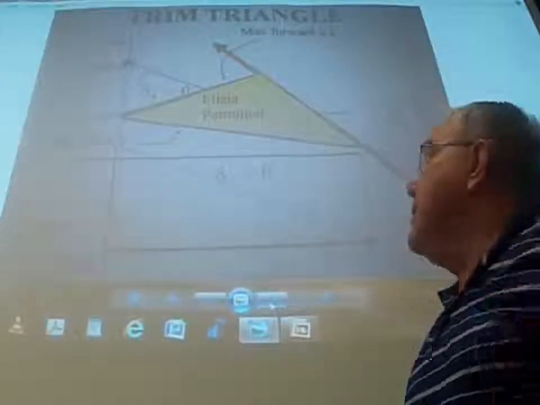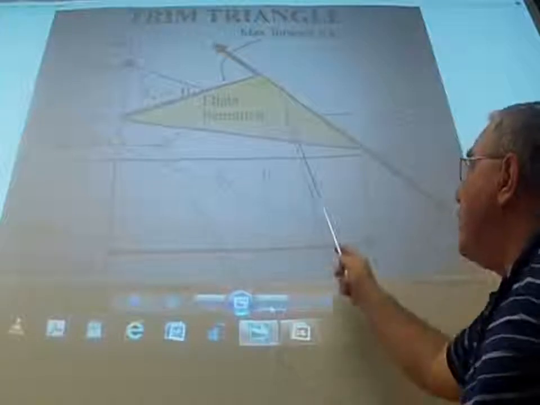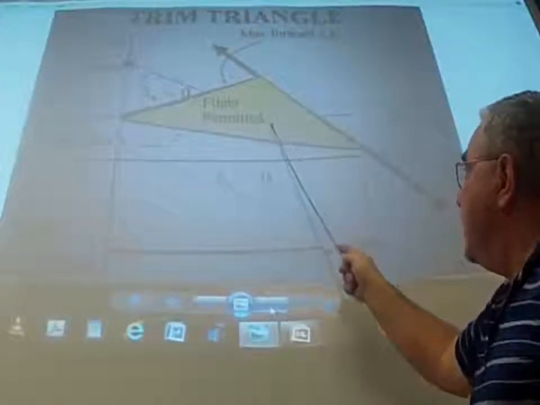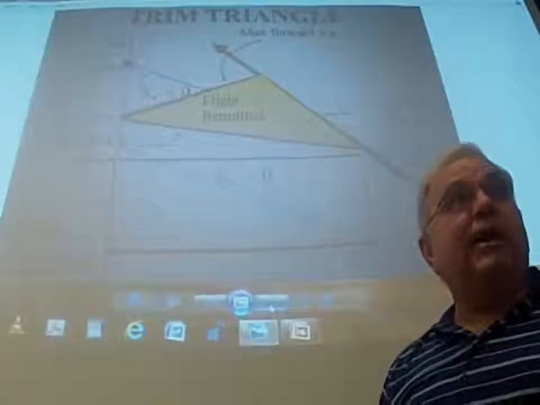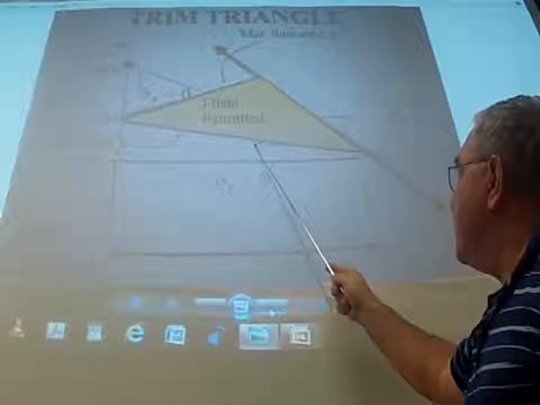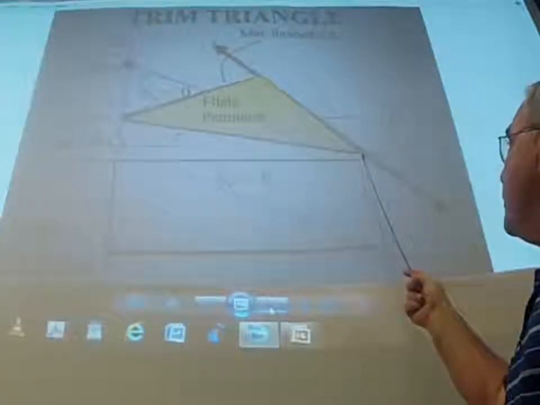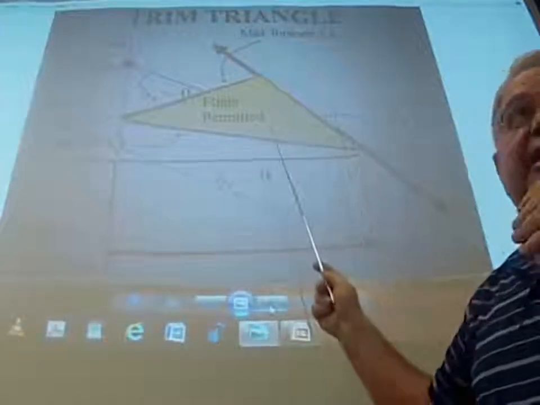I can move forward to give me that CL. How about aft? Well, aft, I can move aft from the zero line to that angle, whatever that angle is in radians, is the percent aft I can go. The percent aft would go this much aft from the zero line, and that would give me CL for stall over here moving aft. So my CL, that's greatly exaggerated.